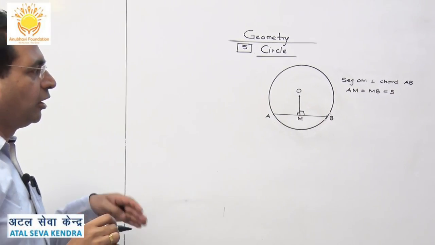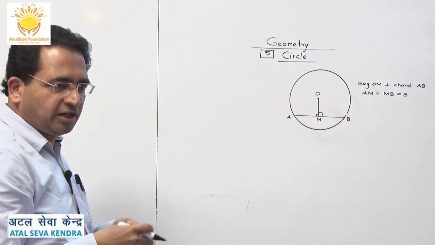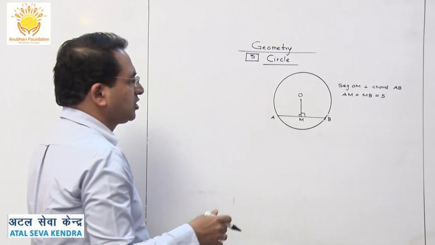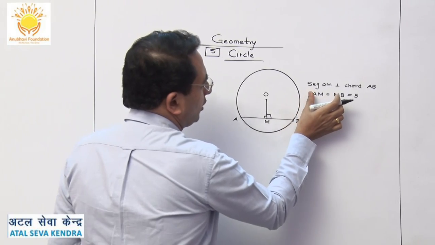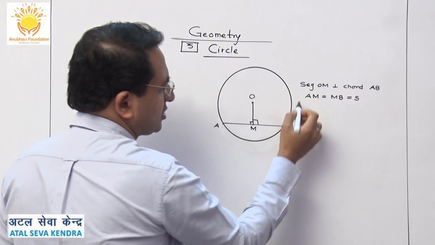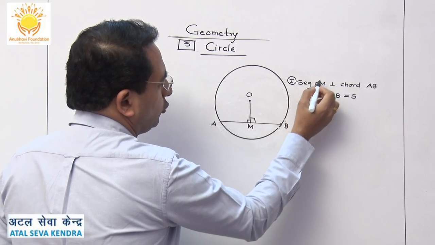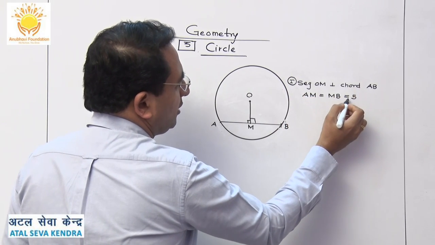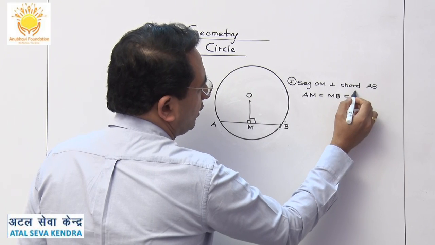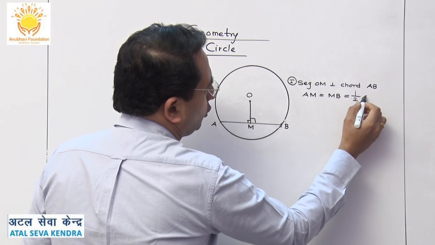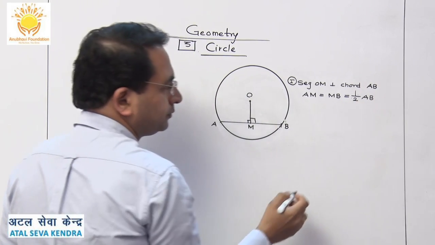Now this is a general rule which we are going to use while doing some questions in circle. Now there is one more property. This is what we have discussed about. Property number 1: whenever you drop the perpendicular on the chord, it bisects the chord. So it is better that I write AM equals 1 upon 2 times AB.